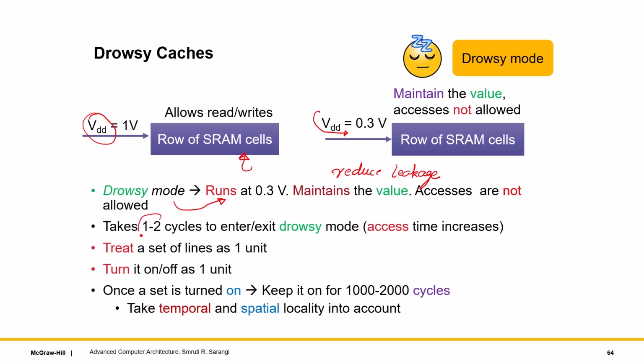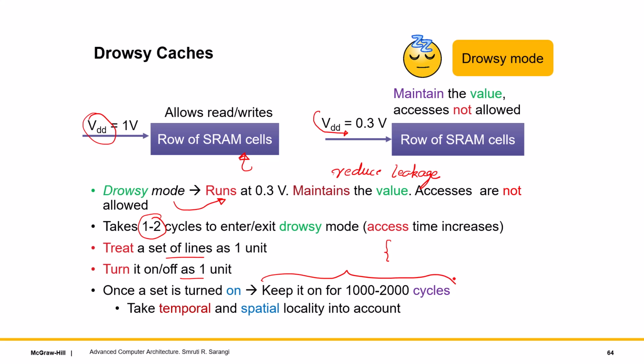And the great idea here is that it takes 1 or 2 cycles to either enter or exit the drowsy mode. So we treat a set of cache lines as one unit and we can turn it on and off as one unit. We don't want to do it cache line by line, but maybe at the granularity of a group of several lines, 16 lines, 32 lines. And once a set is turned on, we don't want to turn it off and on very frequently. That would kill our performance.